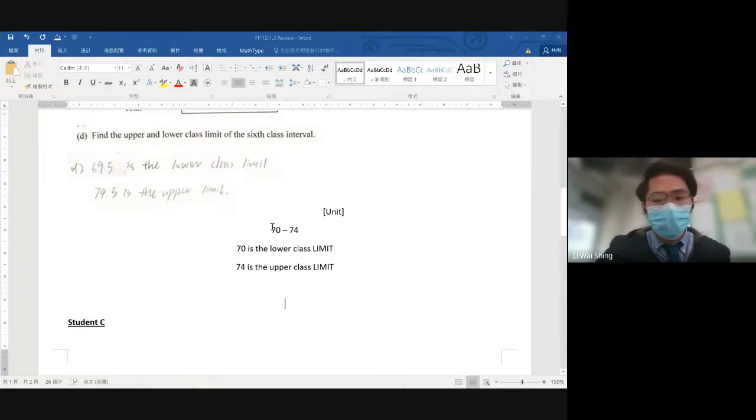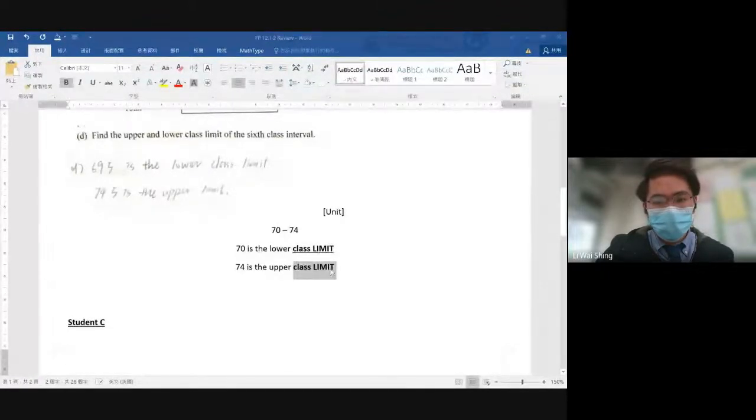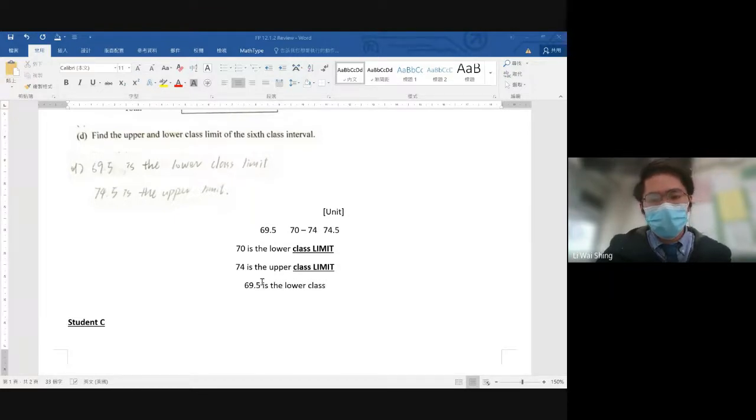These two numbers are called the class limit. And then what about 70.5, 74.5, and 69.5? We still have a name for it, but it is not called the class limit. 69.5 is the lower class boundary.